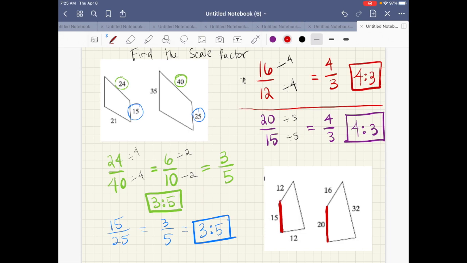For every 3 units on this side, there would be 4 units here. And up here, it's 3 to 5. So for every 3 units that they draw here, they would draw 5 units on this one. For every 3 units on this, they would draw 5 units on that.